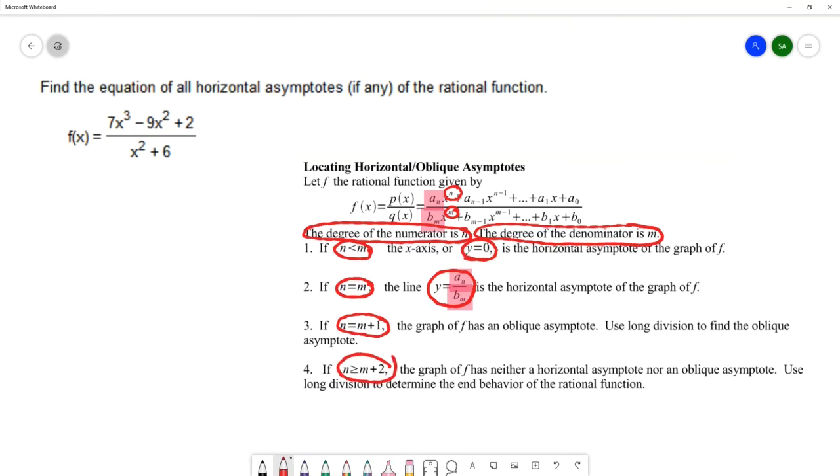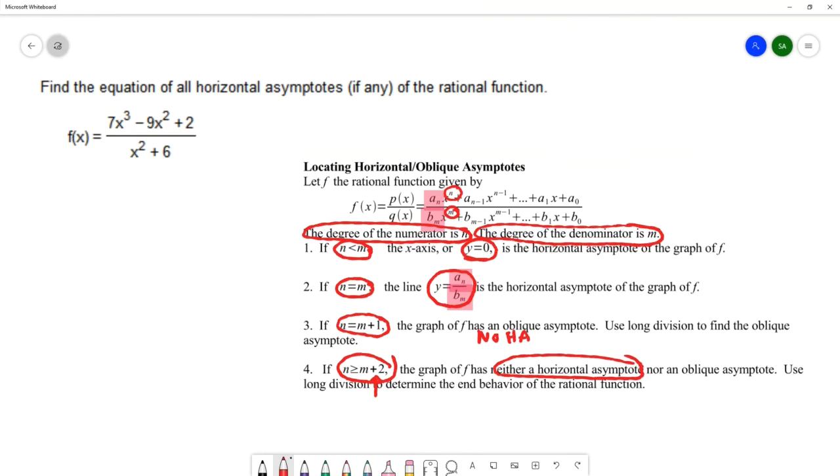So in both of these cases, n is equal to 1 more than m. The degree of the numerator is 1 more than the degree of the denominator. Or in this last case, the degree of the numerator is a lot more, 2 or more, than the degree of the denominator. So we have no horizontal asymptote here, and no horizontal asymptote here.